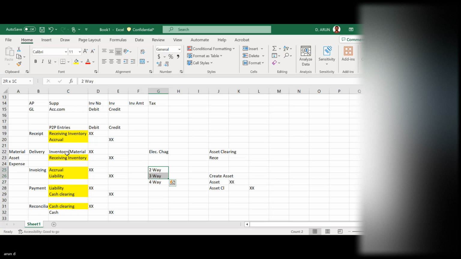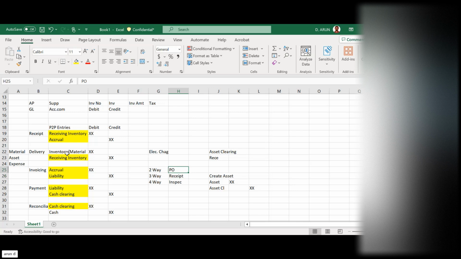If I want to validate this particular transaction, what can I validate it against? If it is two-way, I will validate against the PO. If it is three-way, I will validate against the receipt. If it is four-way, I will validate against inspection, which means I am not only validating against the receipt.